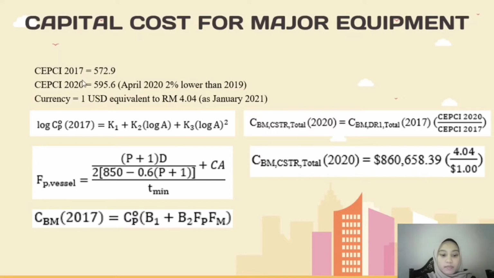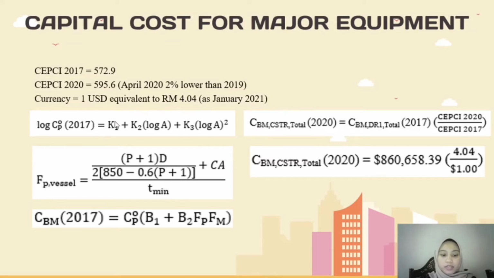The CEPCI for 2017 is 572.9. CEPCI for 2020 is 595.6. For April 2020 it is 2% lower than 2019. The currency is $1 equivalent to 4.04 ringgit Malaysia as of January 2021.